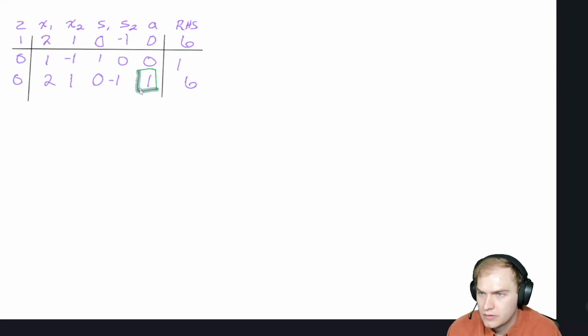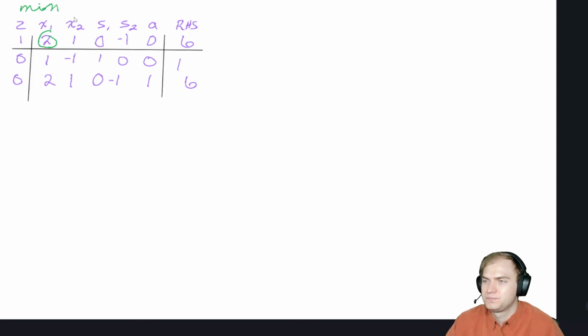And now we perform simplex on this like normal. Of course, we are still minimizing, so we're going to pick the largest positive number.